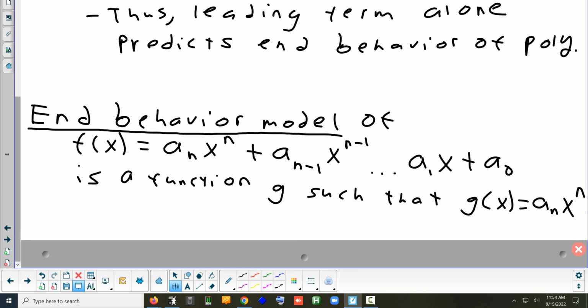So the end behavior model is just the leading term. So if they ask you on a question, write down the EBM of the following, they just want to know the leading term.